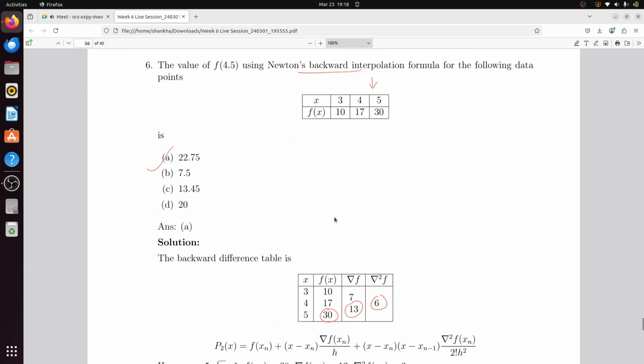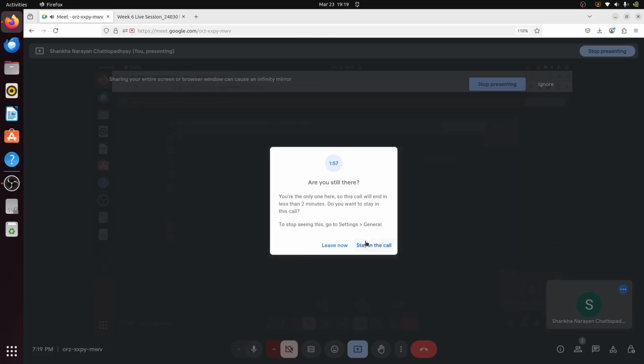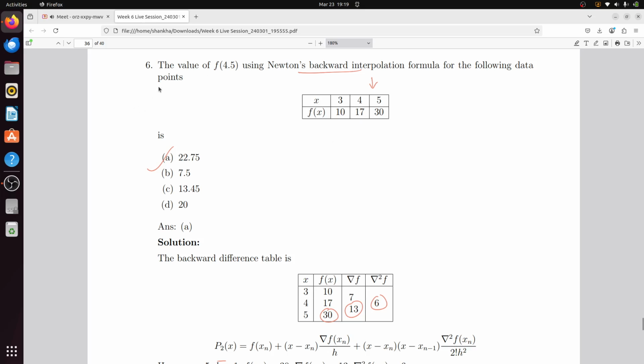Next problem. The value of f(4.5) using Newton's backward interpolation formula for the following data: x is 3, 4, 5 and f(x) is 10, 17, 30.